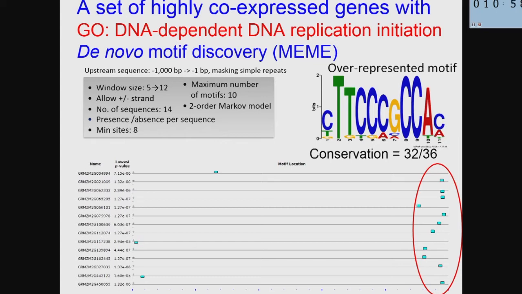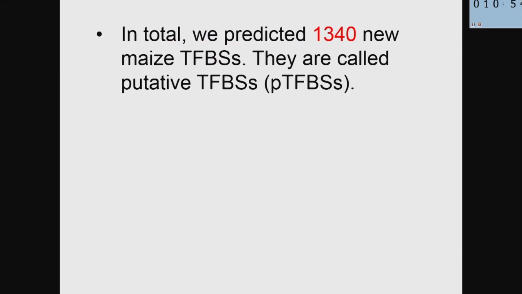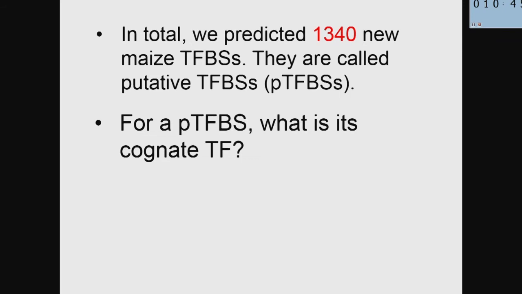So that's one example. In total, we identify 1,340 TF-BS. But for this to be useful, you need to know the coordinate TF. For a transcription factor binding site to be useful, you need to know the coordinate TF.